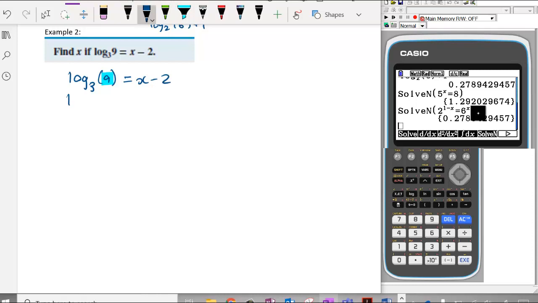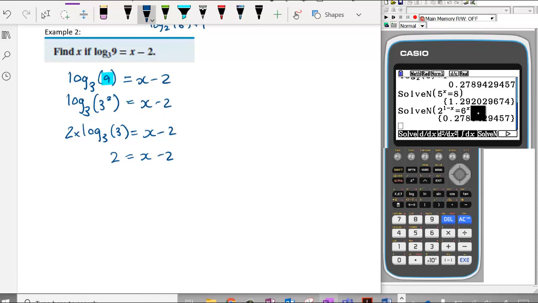So I'm going to say this is log base 3 of 3 squared is equal to x take 2. So that becomes 2 times log base 3 of 3 is equal to x take 2. And log base 3 of 3 is 1, so we have 2 is equal to x take 2.